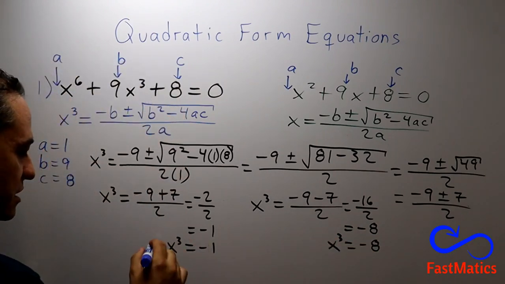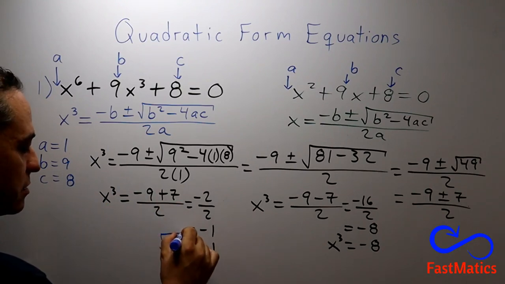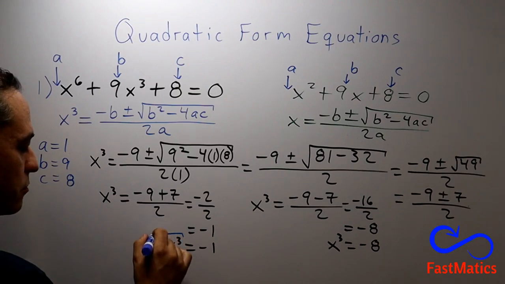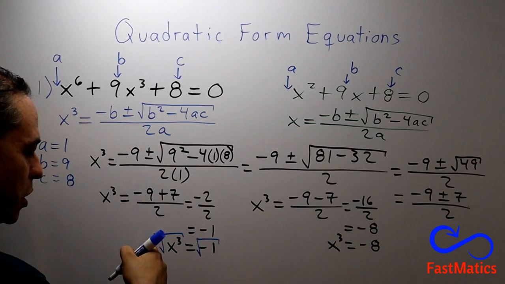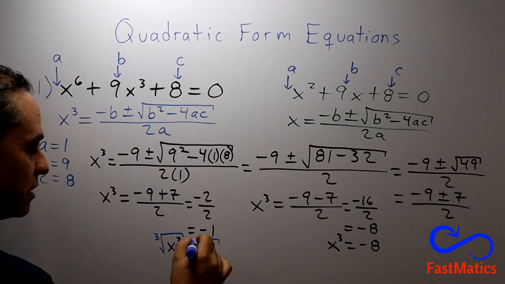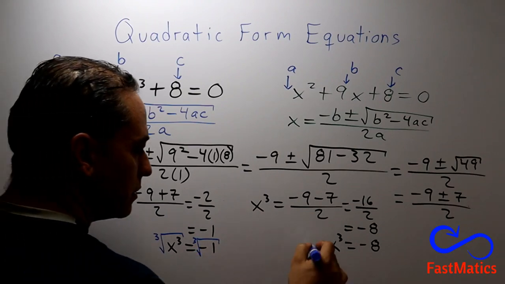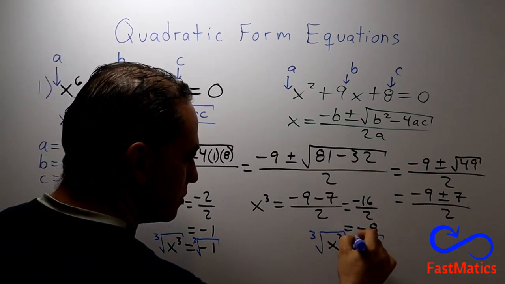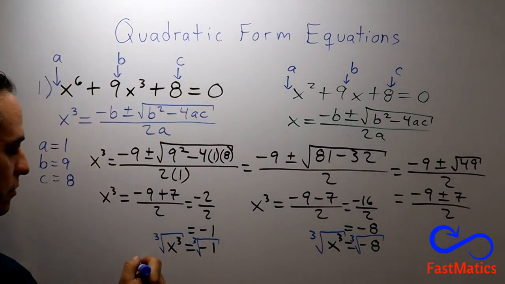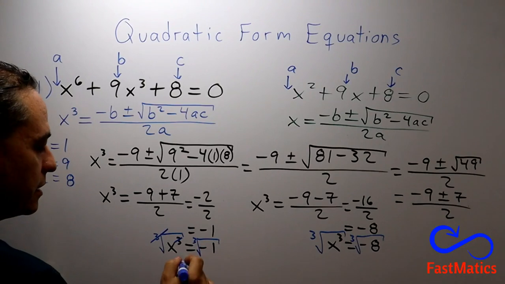To solve that, it is very simple. You need to eliminate the exponent 3, so you write the cubic root of that. But if you put a cubic root here, you are going to put a cubic root here also. The same here, cubic root. And now, cubic root with exponent 3, goodbye.